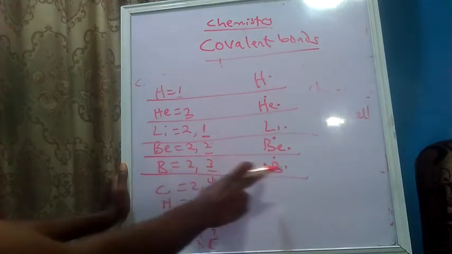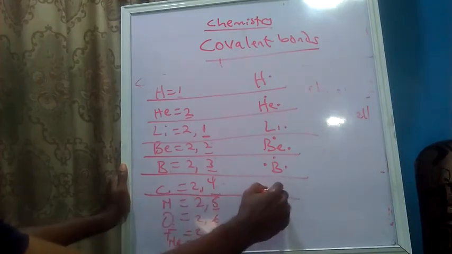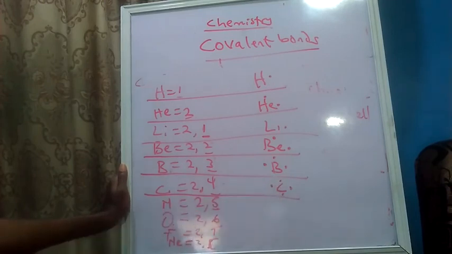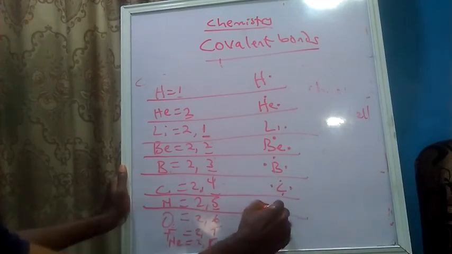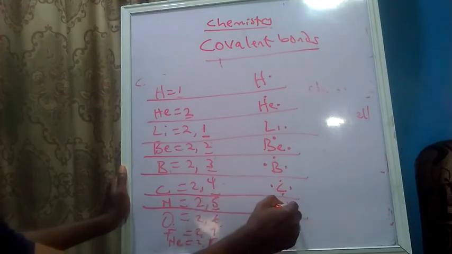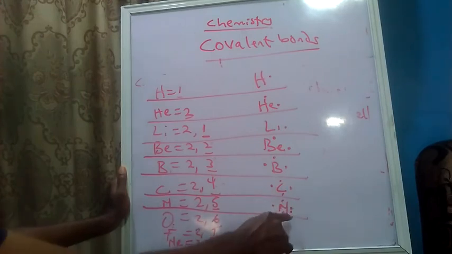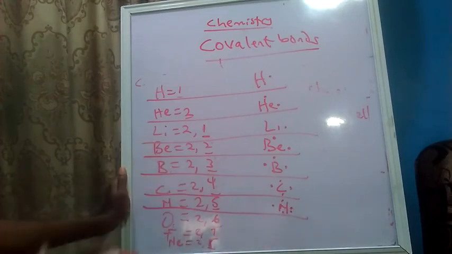3 outer shell electrons, 3 dots. For carbon, it is 4 outer shell electrons, meaning 4 dots. So in this situation, I start all over again. For nitrogen, I'm going to be having 5 outer shell electrons, meaning right, up, left, down, and right. In this situation, I see a paired electron here, and I see 3 unpaired electrons. That will take us to another concept, which we'll be explaining in subsequent videos.